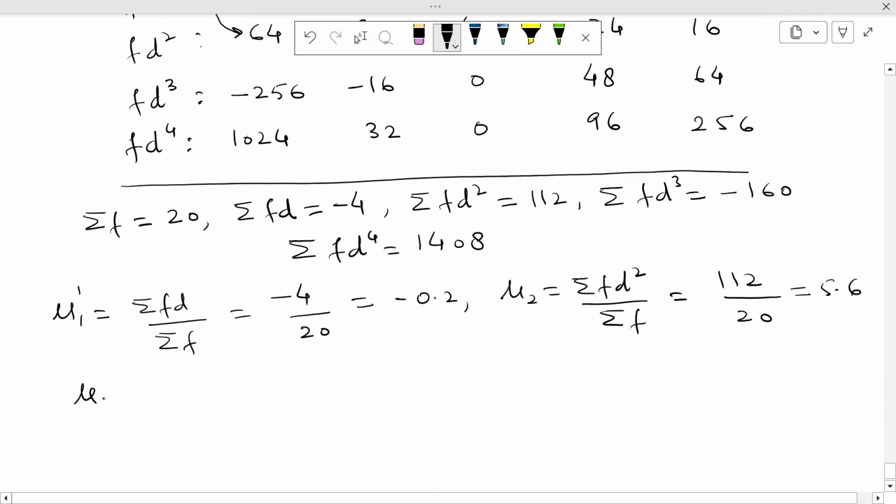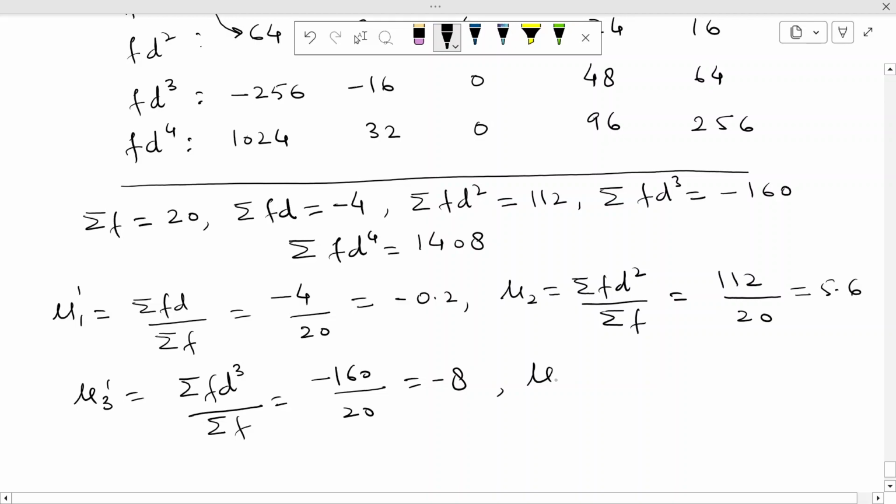Next we can find mu3 dash, defined as summation FD cube over summation F, which is minus 160 over 20, simply minus 8.